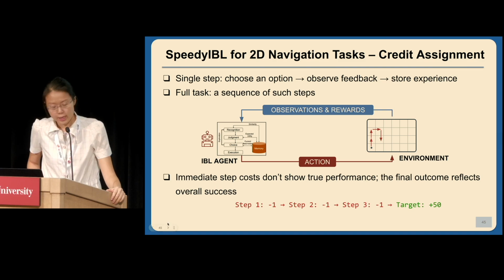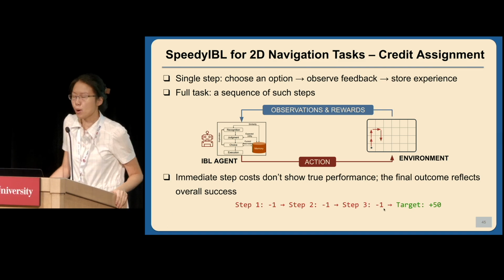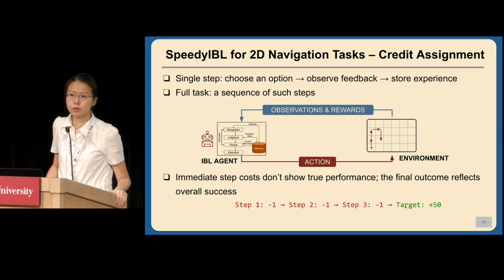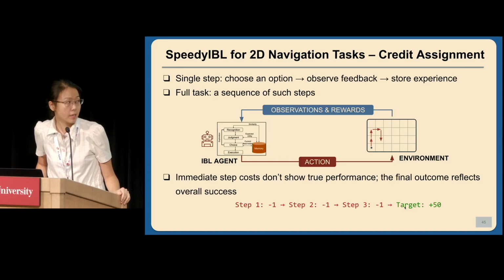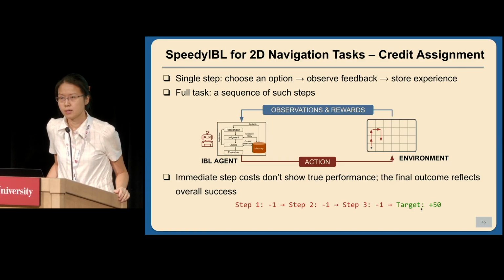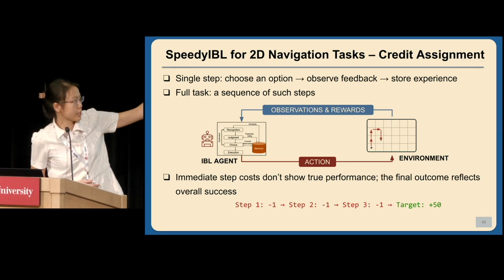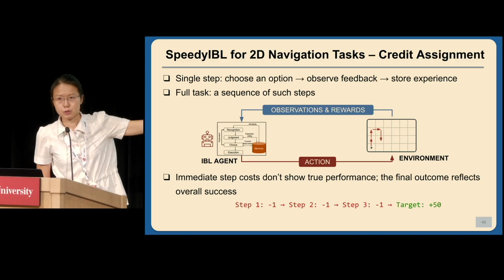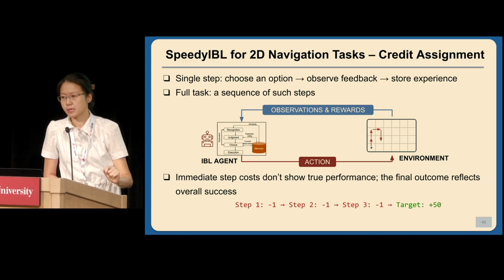As you can see, they take multiple steps, and at some point they get into a terminal state. For example, they are lucky enough to get into the highest value target, which is 50. So if we just record step 1 minus 1, step 2 minus 1, step 3 minus 1, and then step 4, for example, plus 50.